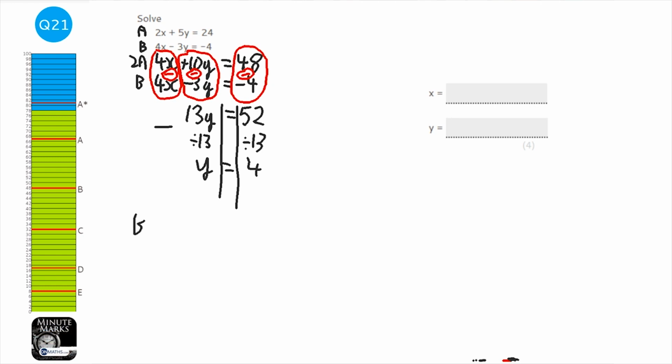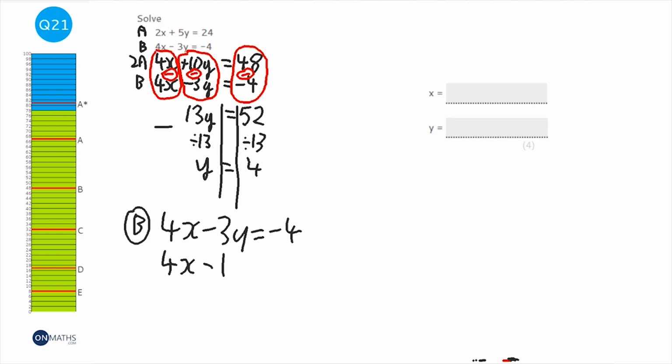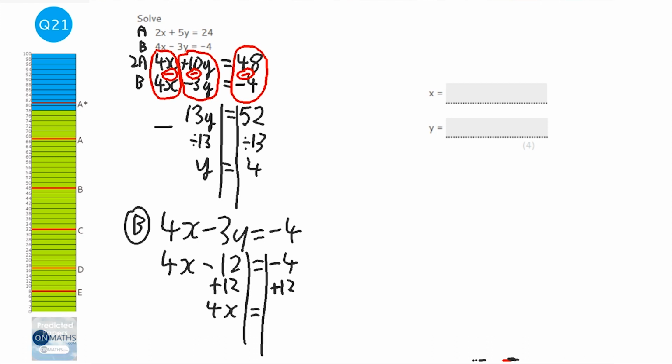Now we need to substitute y into one of the equations, and I might pick b. It doesn't matter if you pick a. So let's pick b. So it says 4x minus 3y equals minus 4. So it's going to be 4x, and I know y is 4, so it's going to be minus 3 times 4, which is 12, equals minus 4. Put my lines down, add 12 both sides, so it's 4x equals, and that's going to be 8, and divide by 4 both sides. x equals 2.